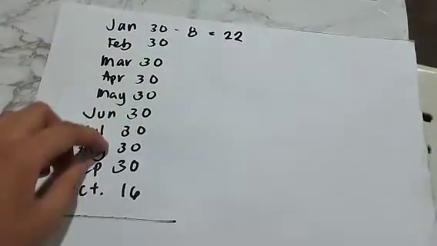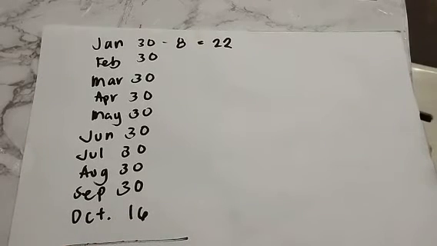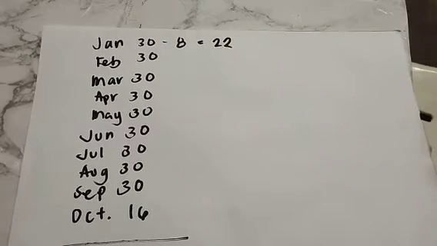So, 22 plus 3, 6, 9, 12, 15, 18, 21, 24, 240 lahat, plus 16, is equal to 278 days.